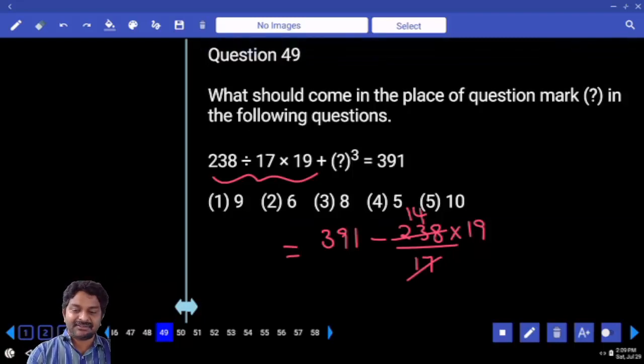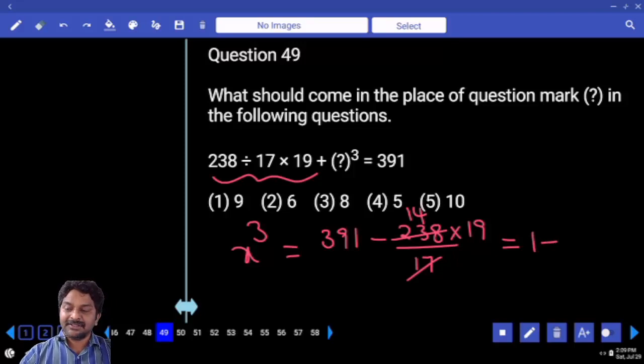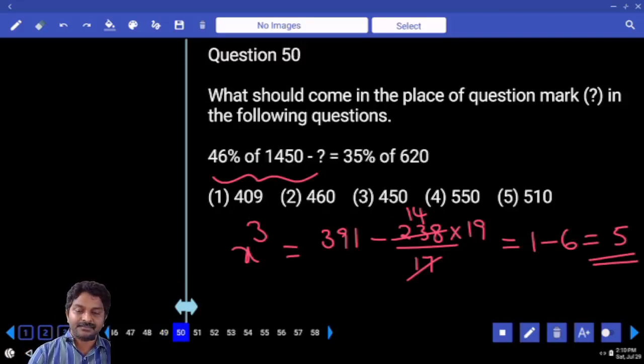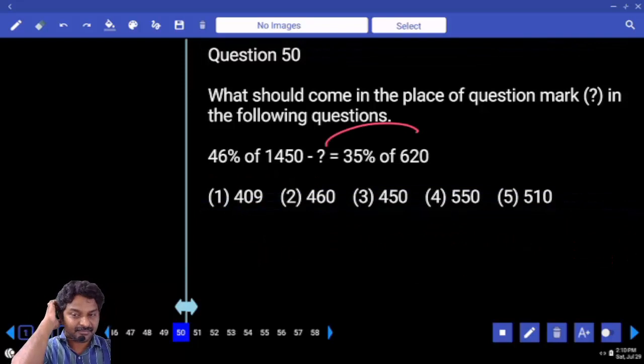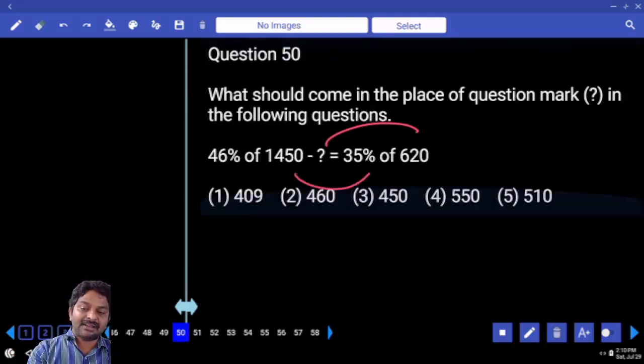Let's see last digit verification. Is that okay? 391 ends with 1, minus 4 into 9 ends with 6, minus 6... which cube ends with 5? 5 cube. Minus 6 goes to the other side, and this value comes to left hand side.